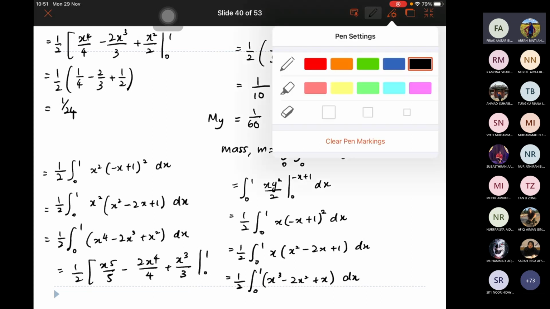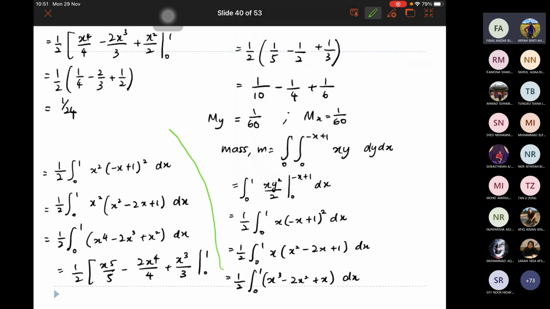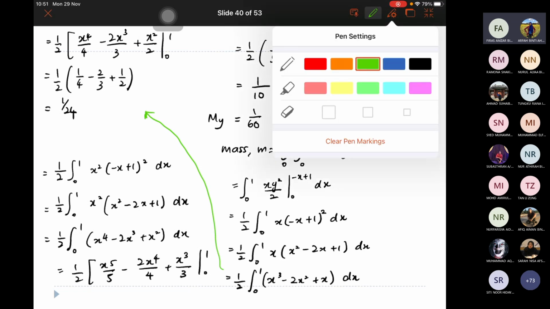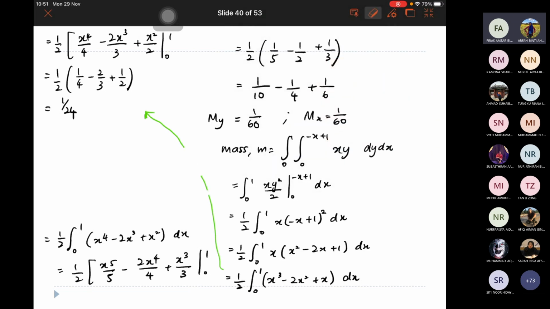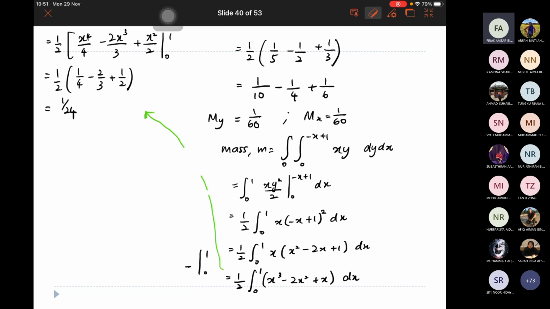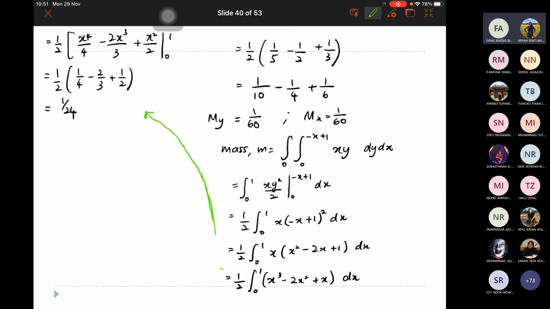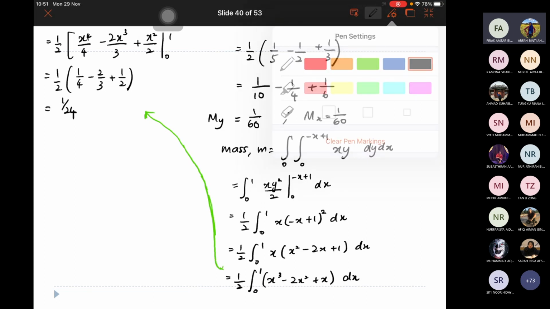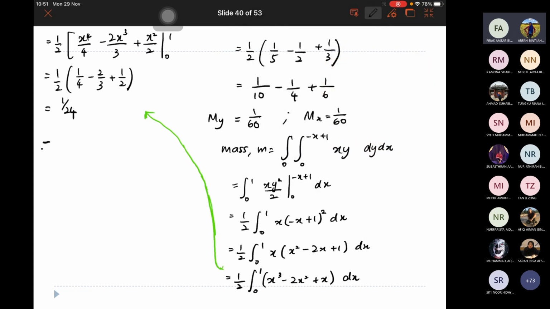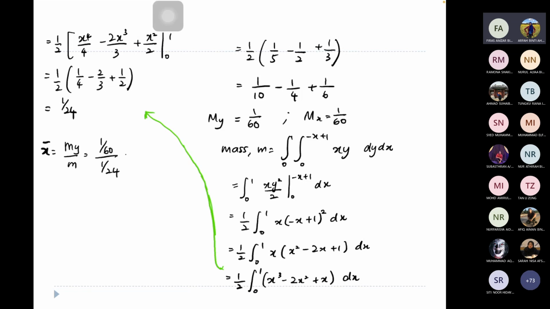Okay. Then awak akan dapat dia punya center of the mass. So daripada sini kita akan dapat x bar equal to MY divided by M. That means 1/60 bahagi 1/24. Dapat jawapan dia sama dengan 2/5.